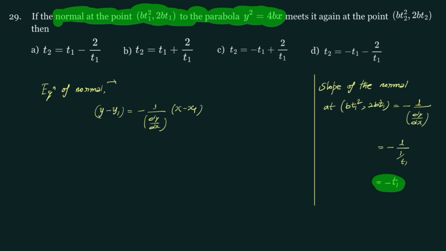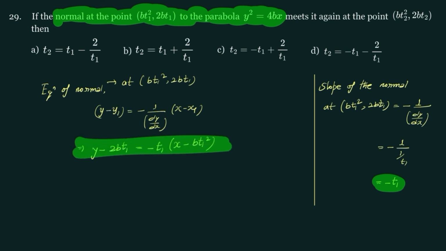So the equation of normal at bt1 square comma 2bt1 will be y minus, in place of y1 I can write 2bt1, equals the slope of the normal, which is minus t1, times x minus the value of x1, which is bt1 square. So this is the equation of the normal to the parabola at the given point.